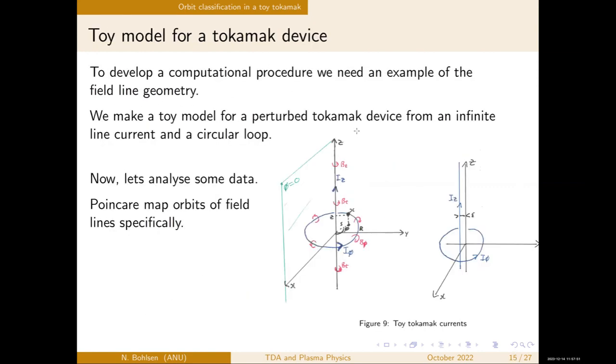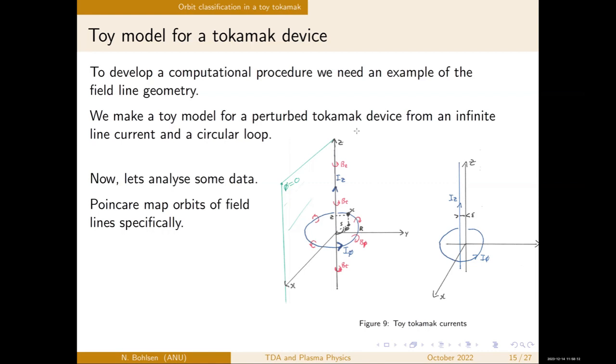Okay, and as a test, I'm going to use the world's lamest toy model for a tokamak. It's made of an infinite line current and a circle. Why? It's so computable. I like this model because you can write the exact field in elliptic integrals in about 5 minutes and implement it in about 2 minutes more, and it's good enough for what I want. You get chaos, if you're wondering.